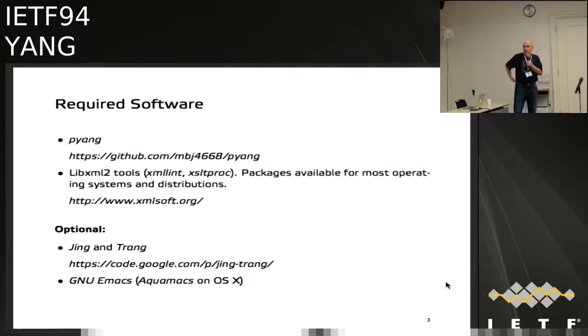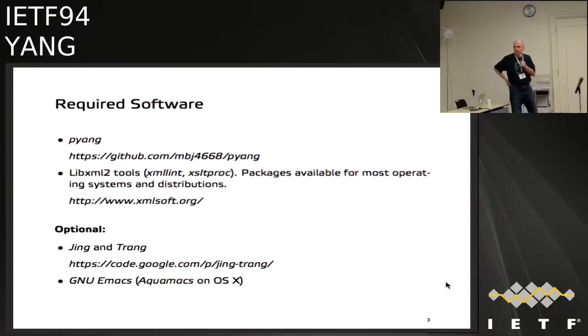And then there are some optional parts. I recommend to use Java-based tools, Jing and Trang, written by James Clark, and you can download them from that URL. And of course, you need a good editor, especially if you want to edit XML.